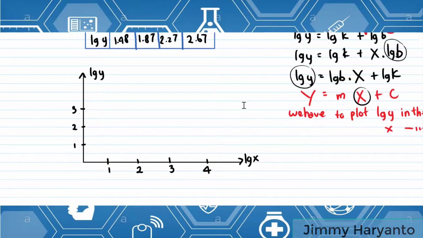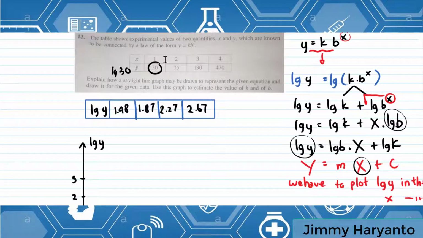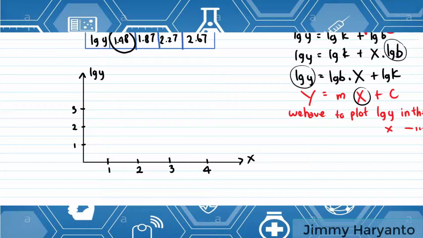Okay, so I have to plot lgy, and then for this one it's x, yeah. Okay, let's take a look at the points. The first point will be 1,1.48. Okay, so 1,1.48 will be right here.